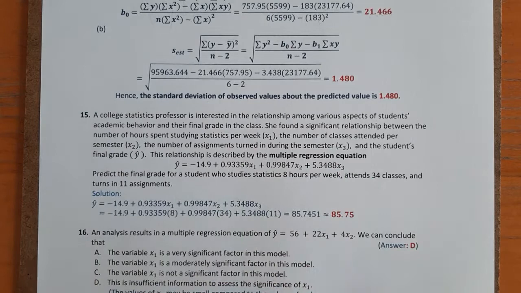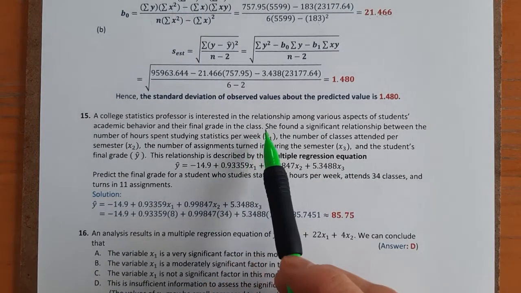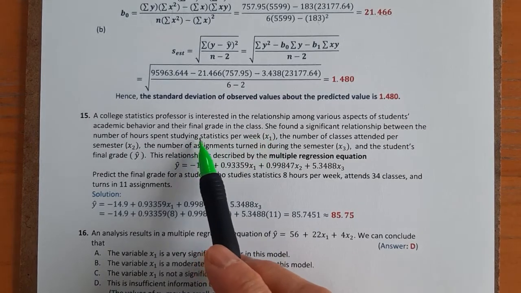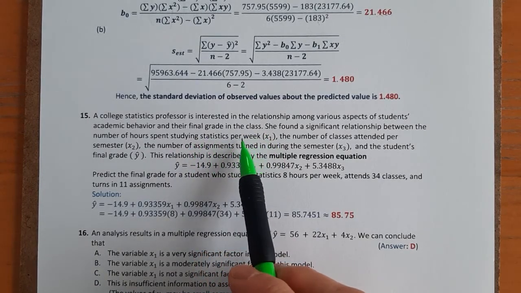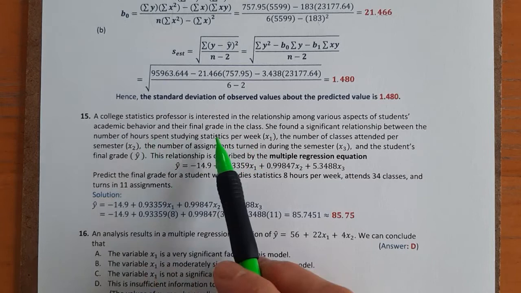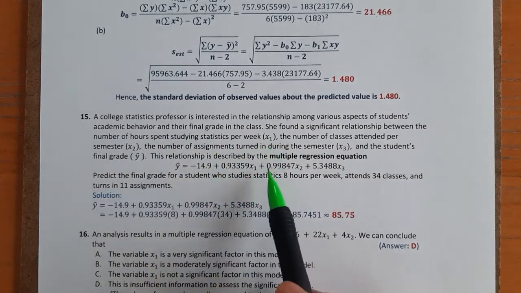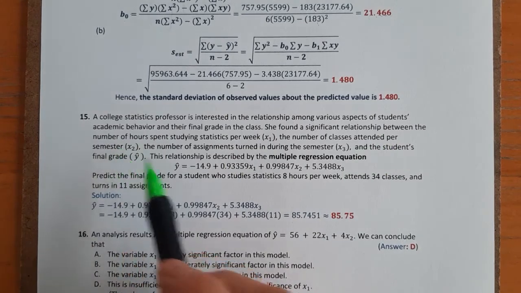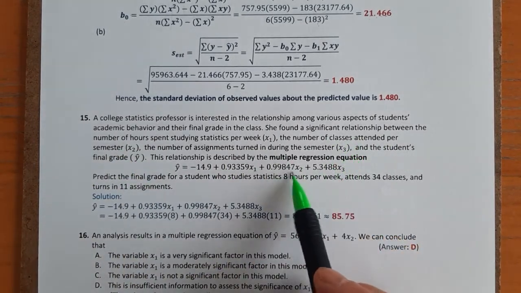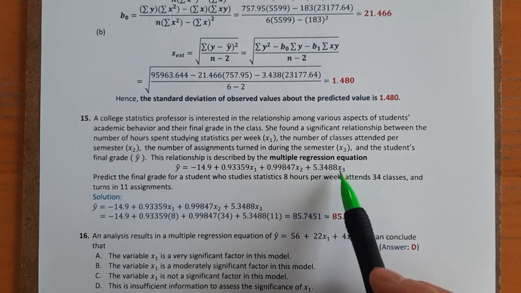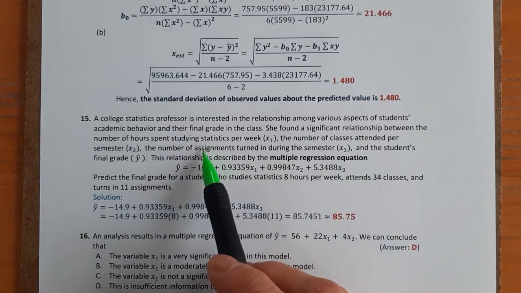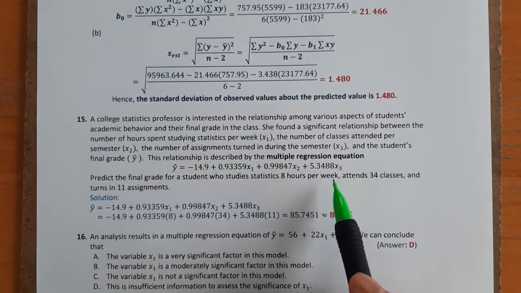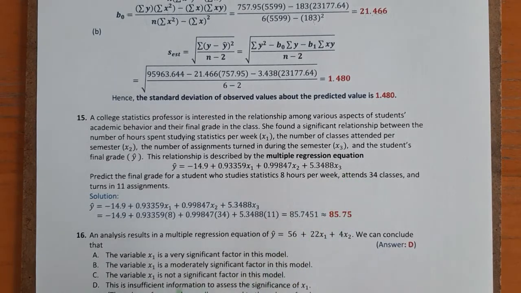This is the multiple regression equation. x1 represents how many hours per week studying statistics. x2 variable represents how many times per semester attending the class. And x3 is how many assignments turned in.